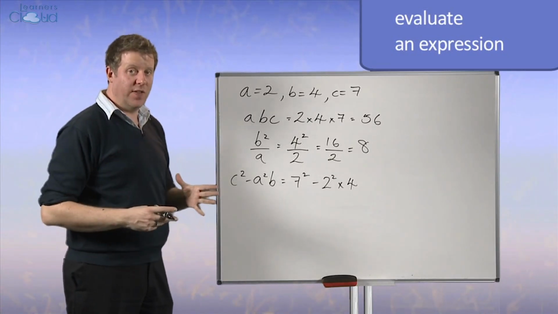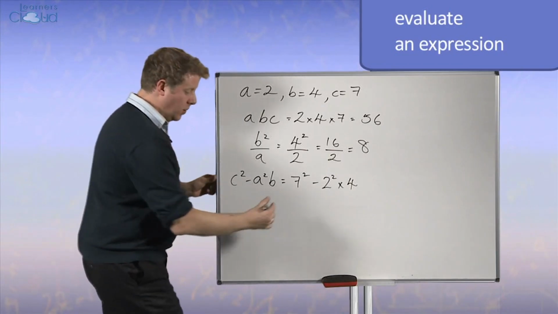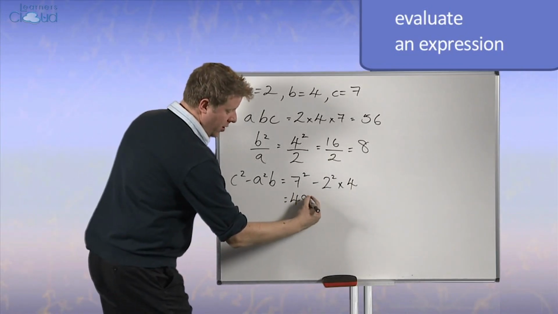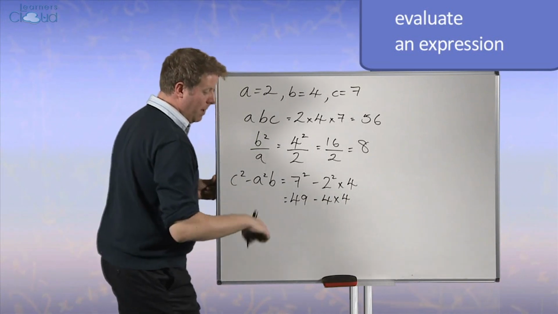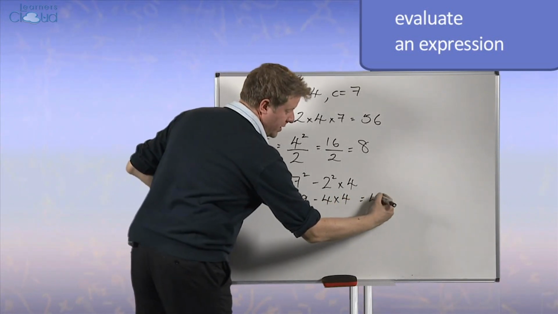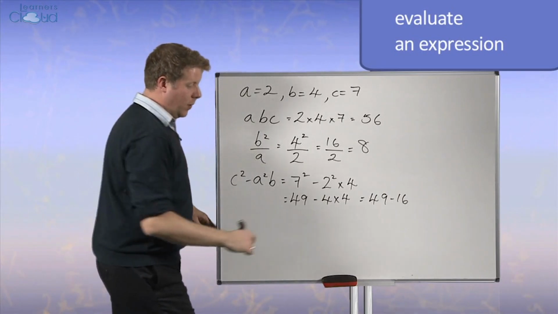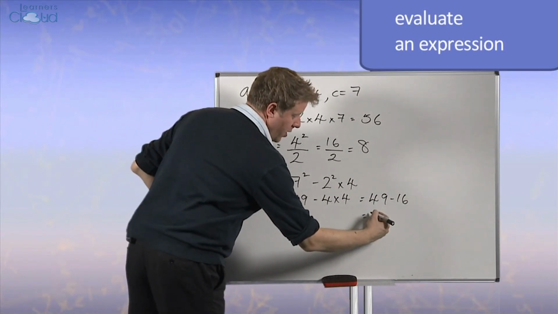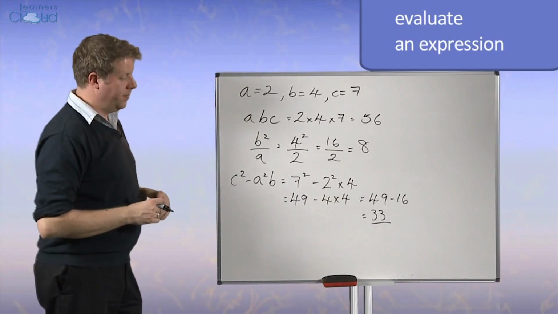We can do the powers first, then we need to multiply, then we do our subtraction. So this will become 49 subtract 4 times 4, and we remember that 4 times 4 is 16, and then 49 take away 16 gives us a final answer of 33.